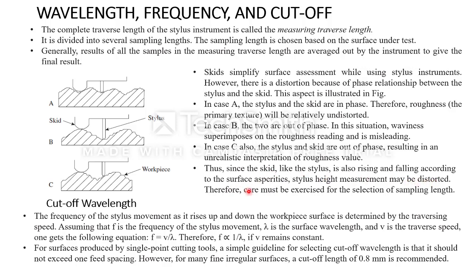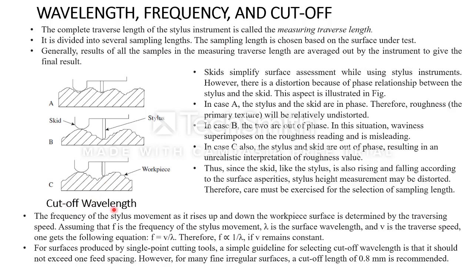Therefore, care must be exercised for the selection of the sampling length. Okay. So, if there is a huge distortion, then my sampling length should be more. If there is less distortion between the skid and the stylus, then the sampling length should be less.